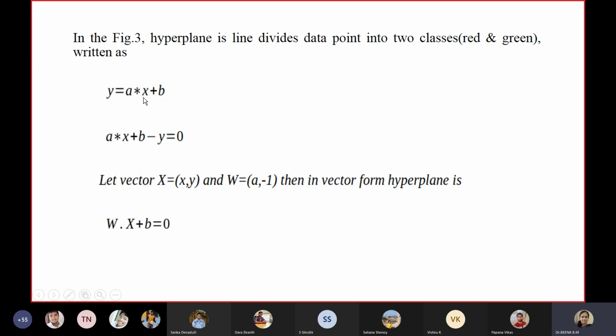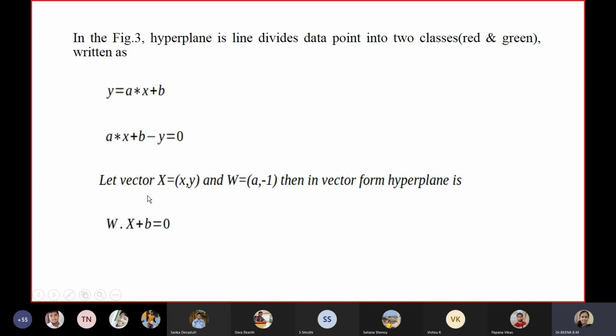X is? X coordinate, or the input, right? Independent variable. B is the intercept of y, isn't it? You know this. So this equation y is equal to ax plus b holds true when x is not equal to 0. And when you bring this y here, ax plus b minus y is equal to 0.